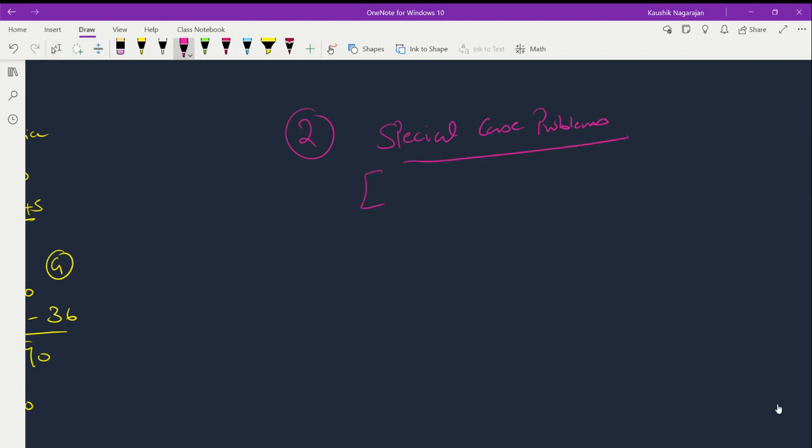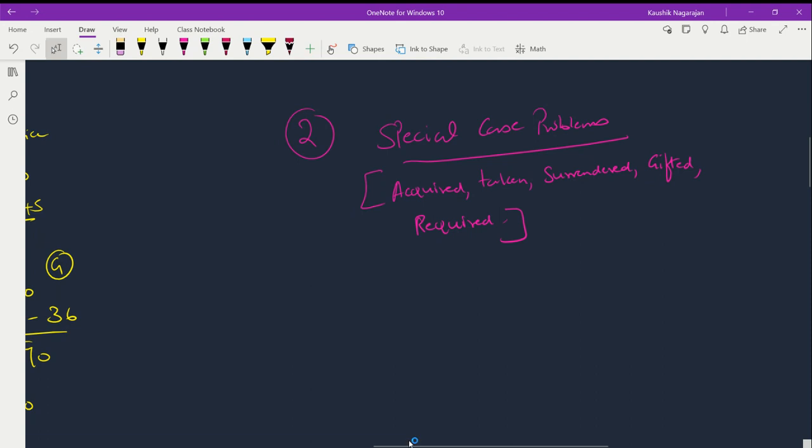If you find the following words like acquired, taken, surrendered, gifted, required, all these words, if you find them, then they come under the category of special case problems.